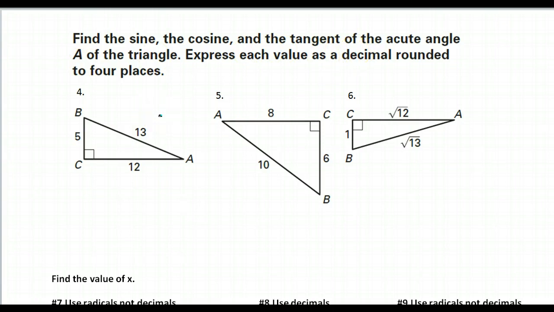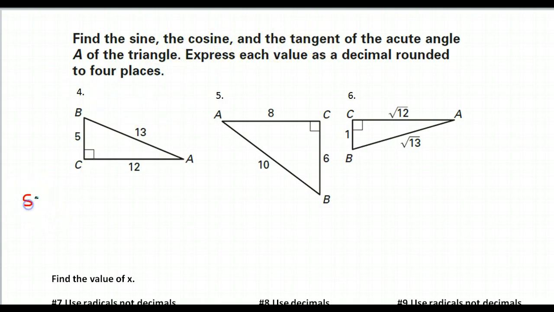my wonderful students very often get this question wrong because they look at these problems and they assume that I'm asking you to find the measure of angle A. You're not being asked to find the measure of angle A. You're being asked to find the sine, cosine, and tangent of angle A. That is very different.